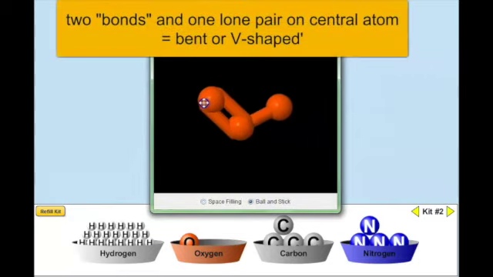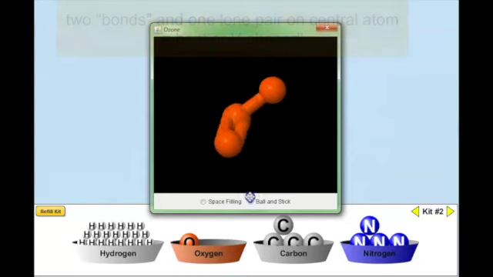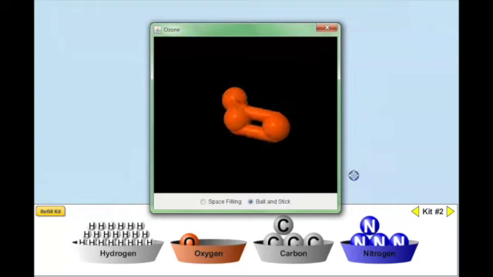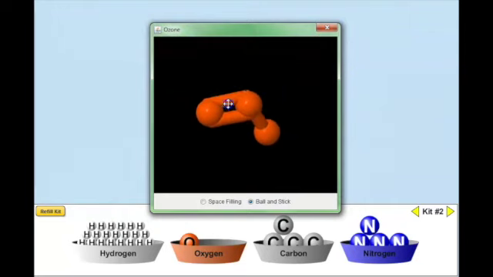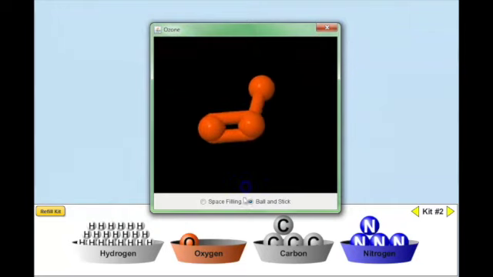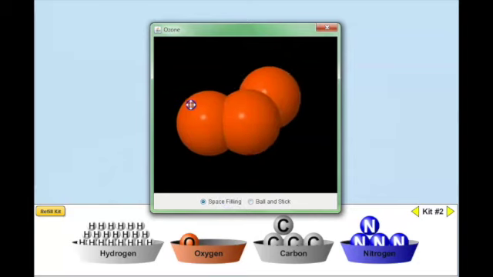This is that bent shape. You can see that the atoms have a single bond on one side and a double bond on the other side, but it doesn't matter if it's a double bond or single bond, just 2 bonds to the central atom plus 1 lone pair lead to the bent shape. So this is the V shape, either downward V or upward V, and space filling still is a V.